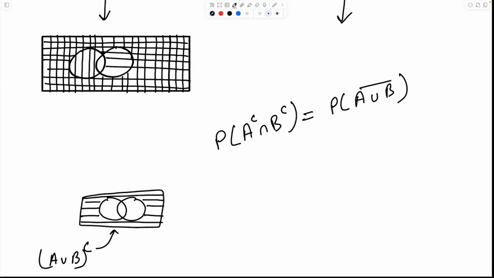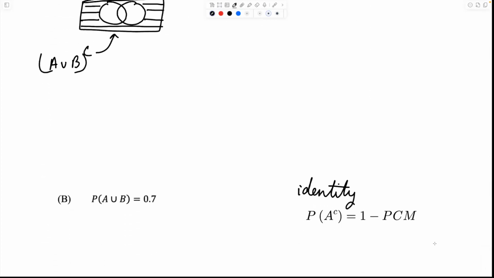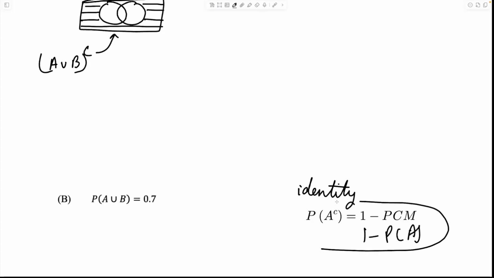So once we know that P of A union B whole complement is something that we have to find, there is an identity in probability: P of A complement is equal to 1 minus P of A, right? This is an identity inside of your probability theory, and it comes from set theory, but we use it as an identity. We can use it here also.